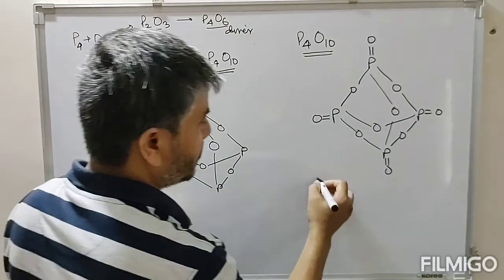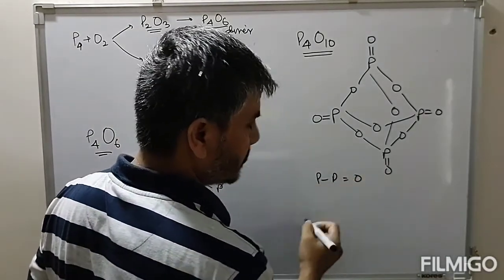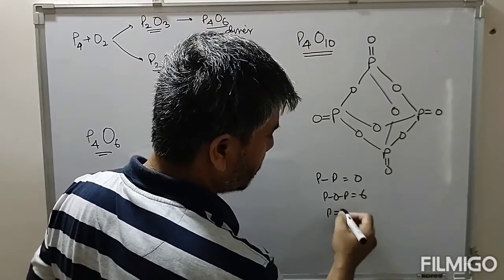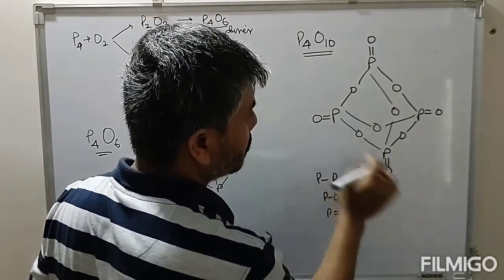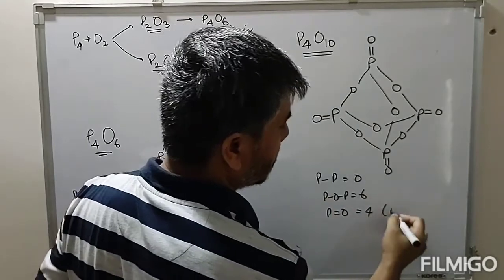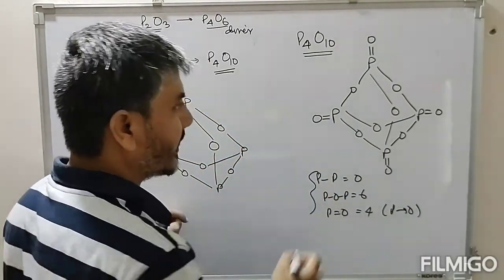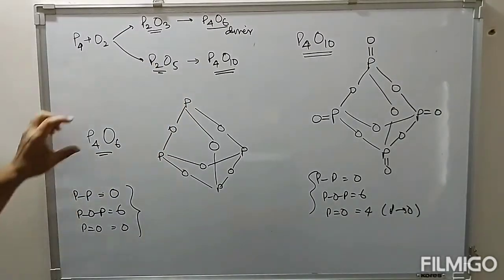So the number of P-P bonds is still 0, the number of P-O-P bonds remains 6, and P=O bonds are 4: 1, 2, 3, 4, also known as P-O dative bonds. So these are the characteristics of these two.